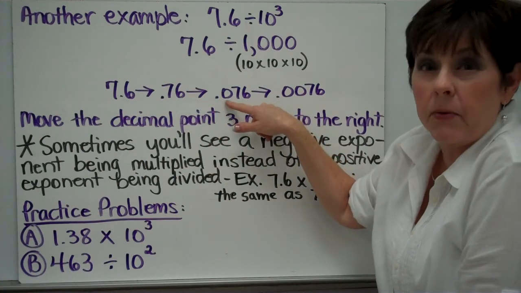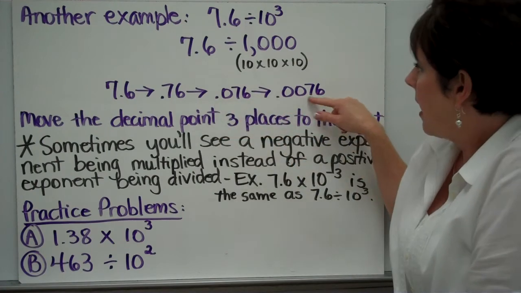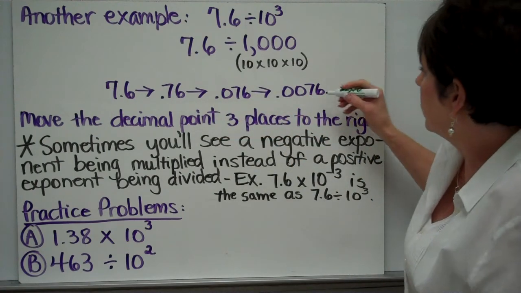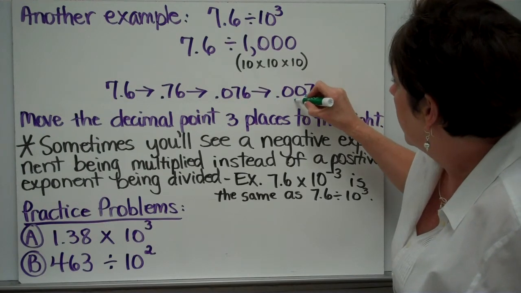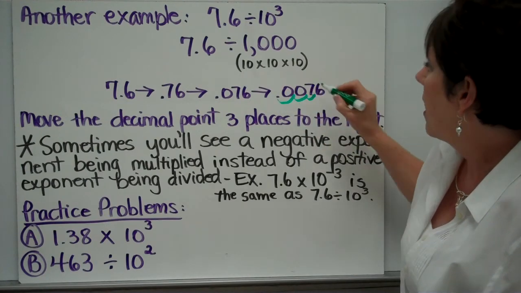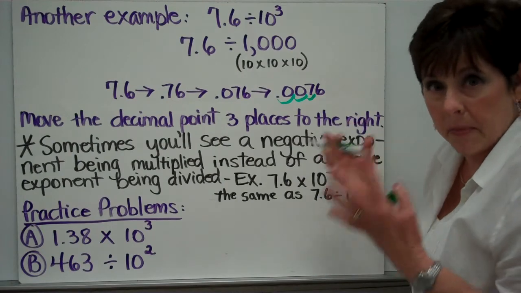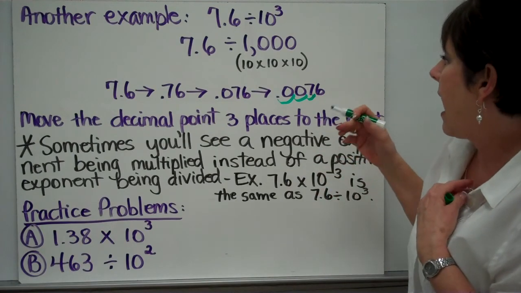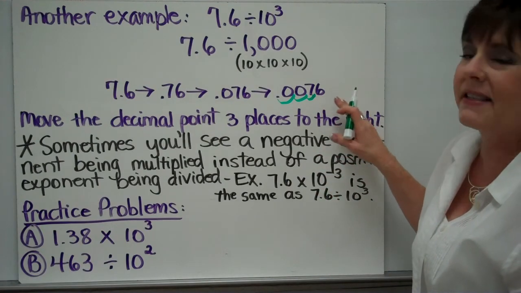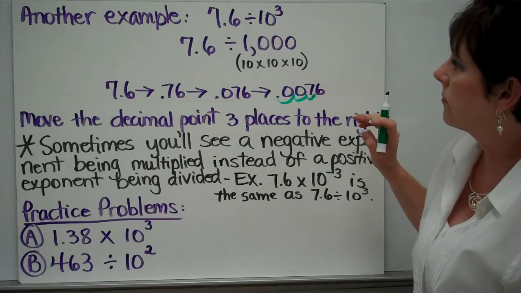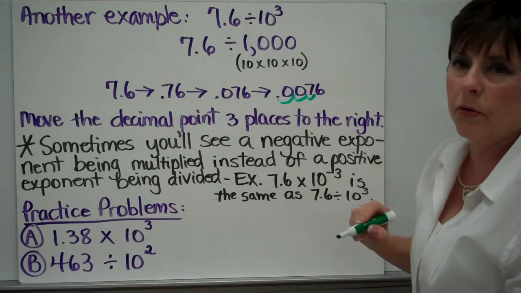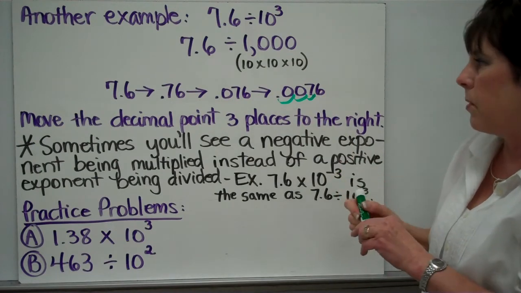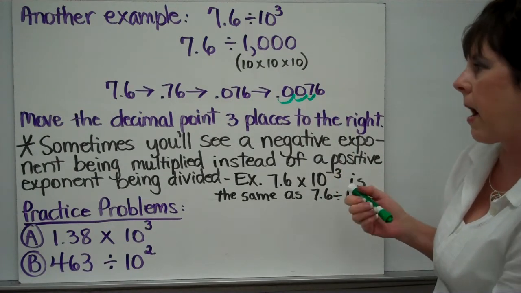I'm going to have to add a 0 here, 2, and then 3. Remember that the decimal point used to be here, and we've moved it over 1, 2, 3 places. We had to add zeros there to make new place values. And this would be pronounced 76 10,000ths. But I use this little thing just to show you the movement.